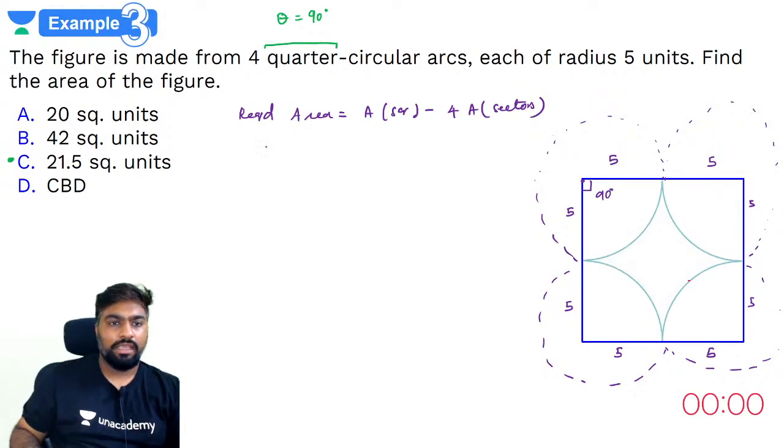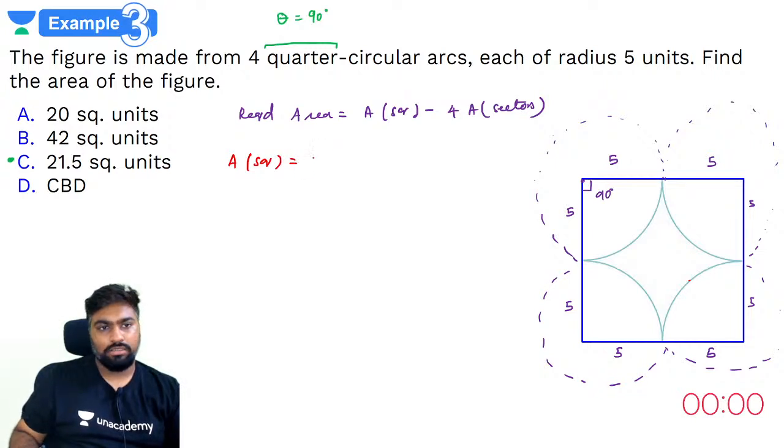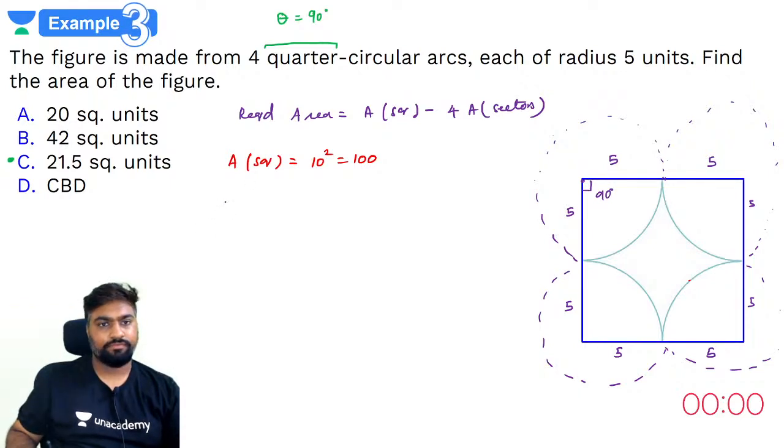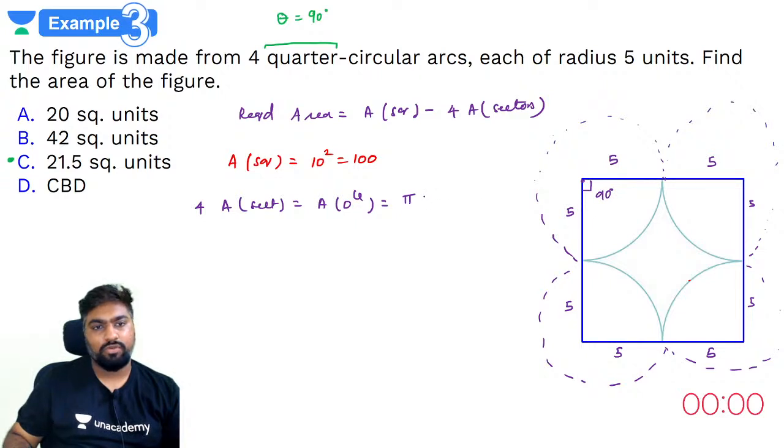Yes, so area of the square is what? 10 square, which is 100, and 4 times area of the sector will give us area of the entire circle, which is what? Pi times r square. Yes, what is the radius? 5, so 25 pi.